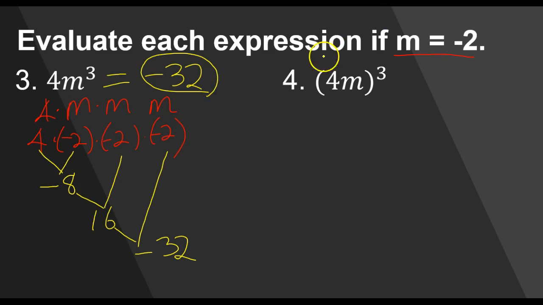Okay. Then the next one, we do the same thing, but look at this expression. How are they different? You have here, m is the only one that is cubed. 4 is not part of the cube, it is not inside the parentheses. Here, both 4 and m are cubed. So you have to watch for stuff like that.